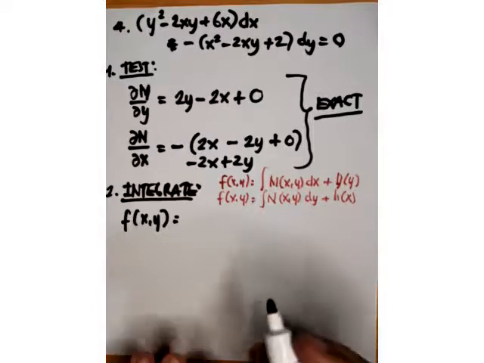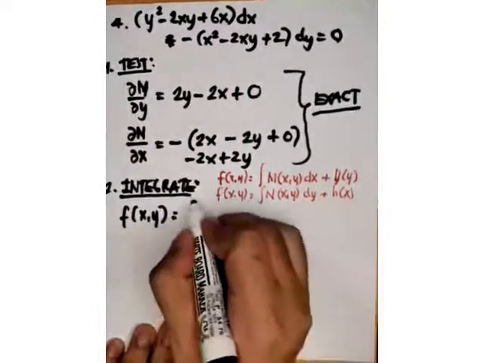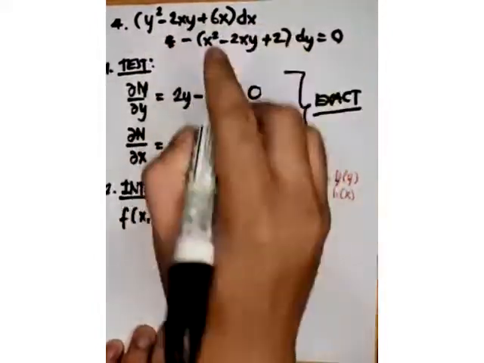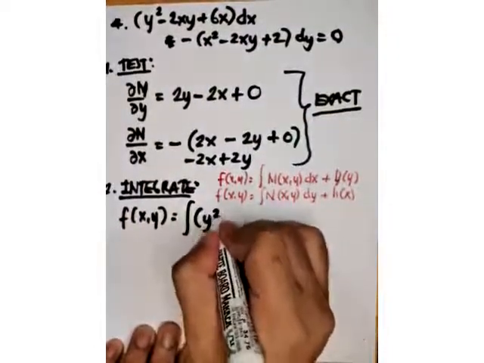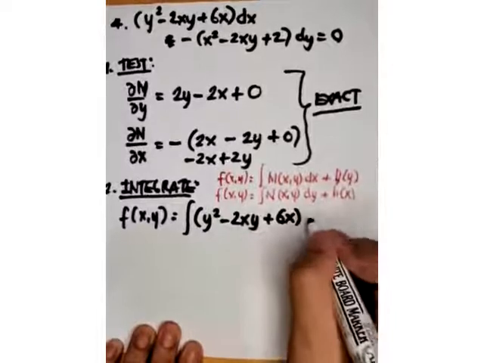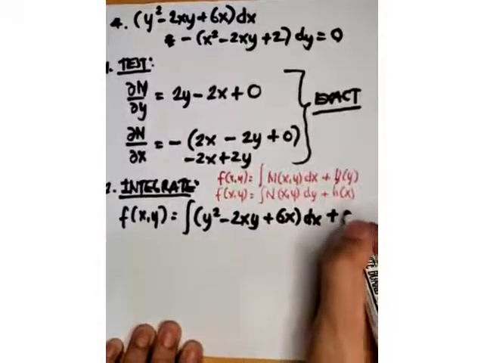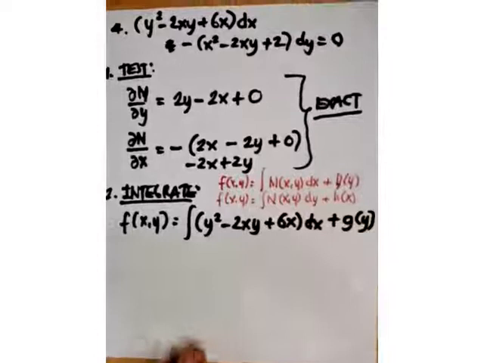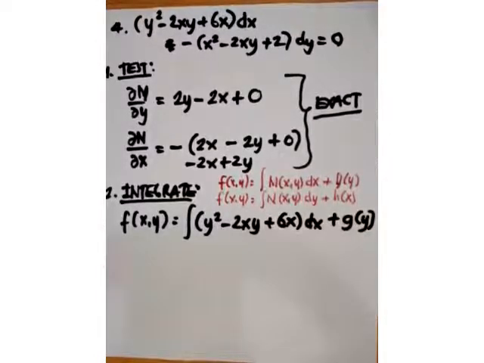Siguro, subukan muna natin siya sa M. Okay, so we have decided it's M. So, i-copy lang natin yon: y squared minus 2xy plus 6x dx plus g of y. Okay, ano bang role ng g of y? Ang g of y is para siyang arbitrary constant.